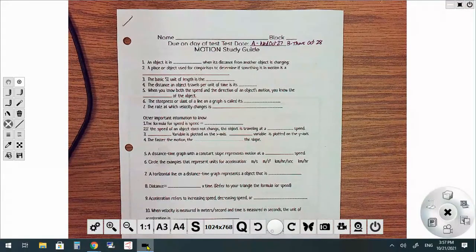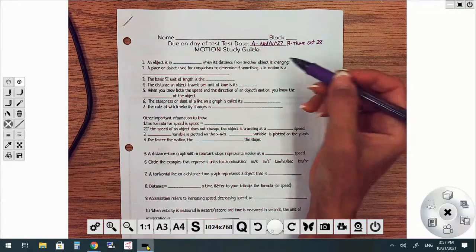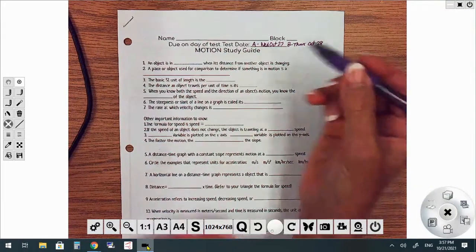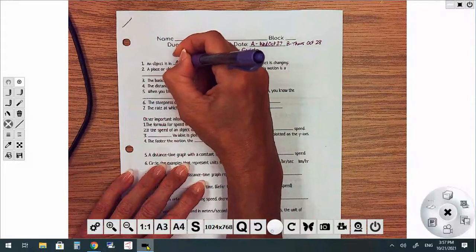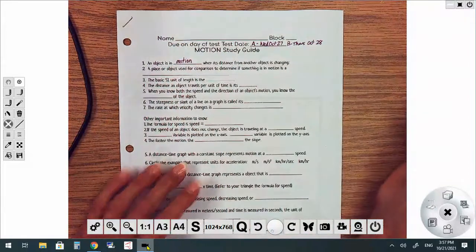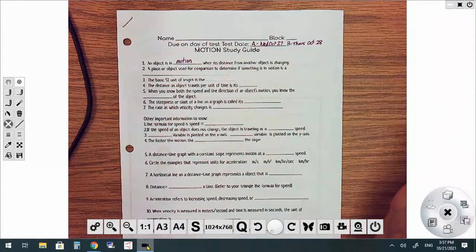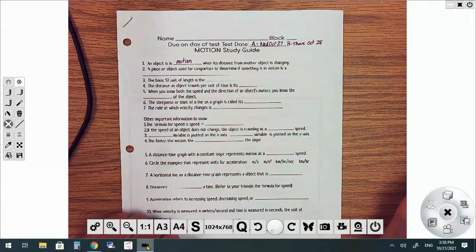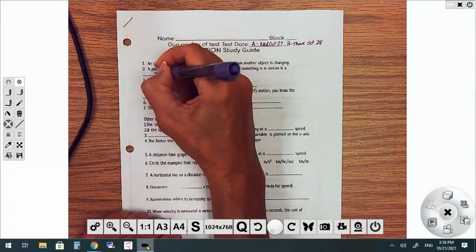Okay, first one, an object is in blank when its distance from another object is changing. Motion. Number 2, a place or object used for comparison to determine if something is in motion is a... reference point.